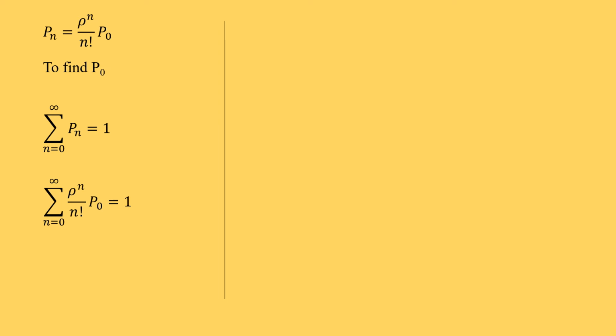P naught is independent of n and can be removed outside the summation, and we have summation of n running from 0 to infinity rho raised to n upon n factorial. This summation is nothing but e raised to rho. So we get P naught into e raised to rho equal to 1. If I take e raised to rho to the right hand side, I get P naught equal to e raised to minus rho.